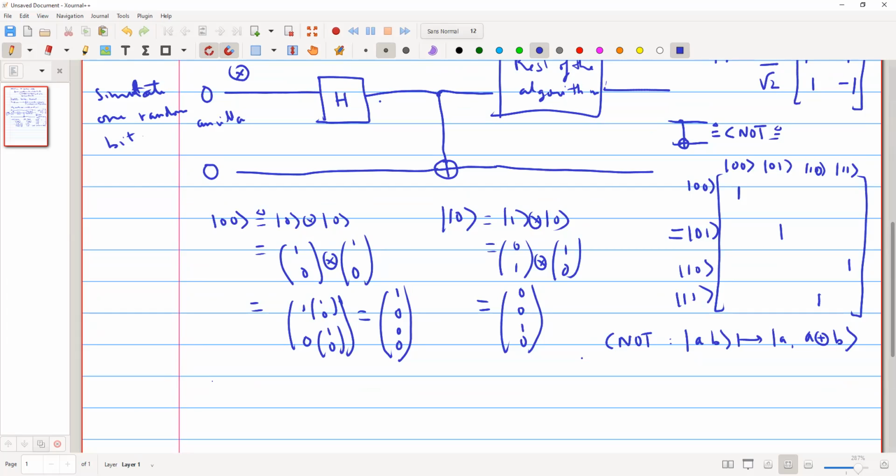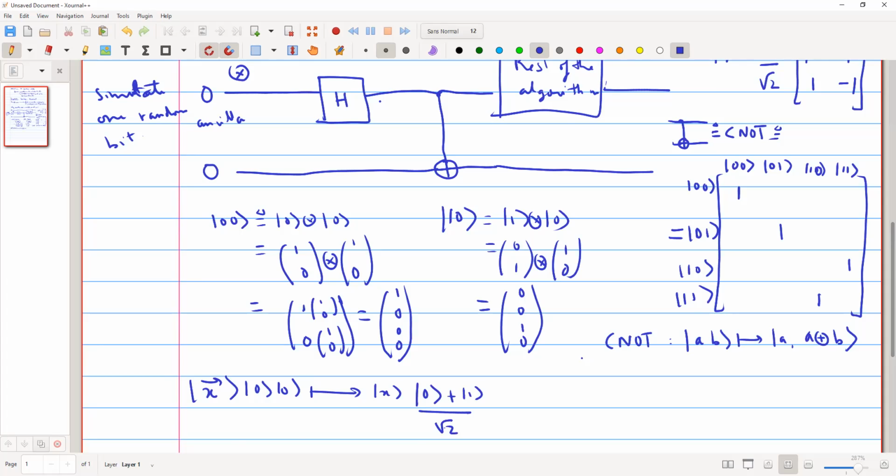So what happens? Let us run through this. Let us say I start off with X, 0 0. That's what I start off with. Then there was a Hadamard which sends it to X, and you can check that this goes to 0 plus 1 by root 2, that is the Hadamard.